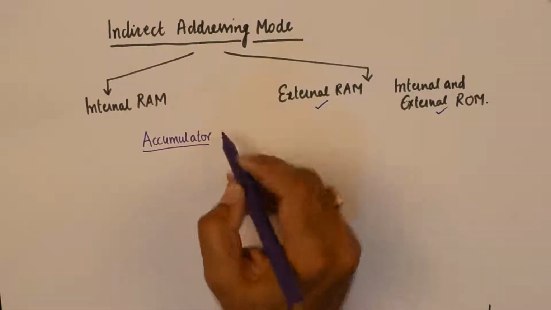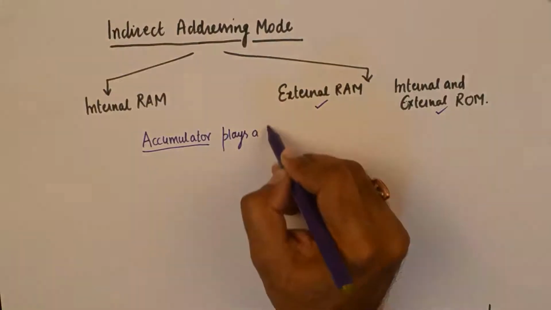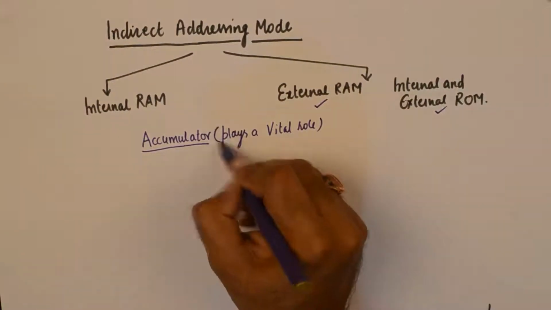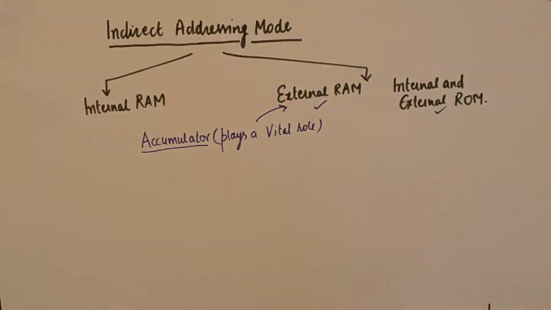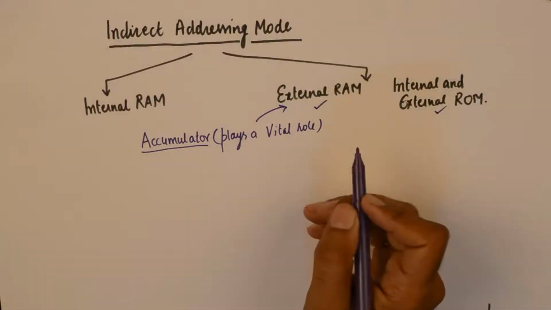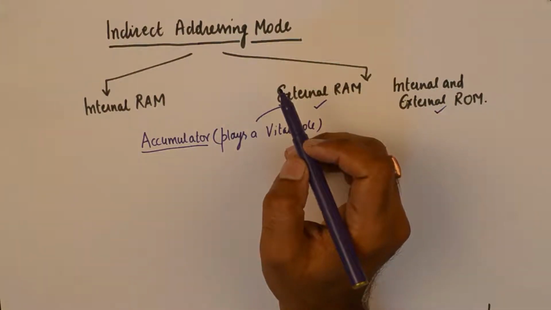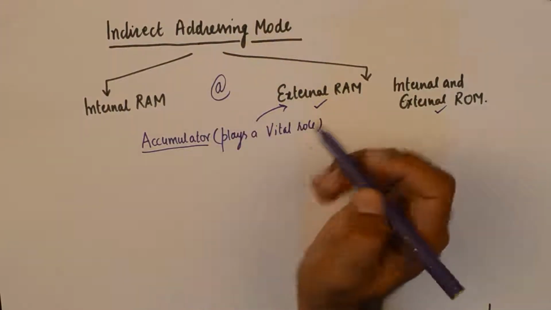Accumulator plays a vital role in external data movements, and the symbol for indirect addressing is the @ sign.